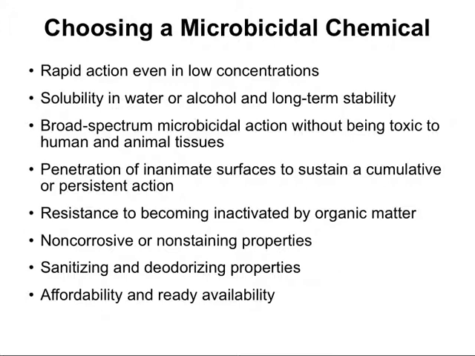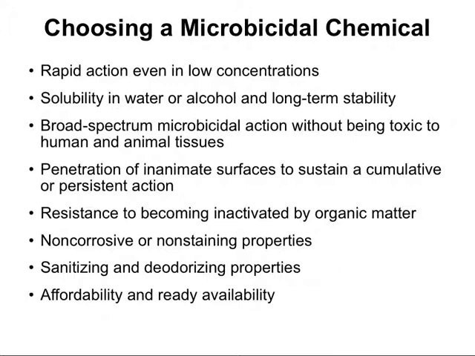So again, choosing to use and understanding the appropriate antimicrobial chemical to use should be of constant concern, especially in medicine and dentistry. Here we have a list of some of the desirable qualities. As yet, no chemical actually fulfills all of these, although glutaraldehyde and hydrogen peroxide come the closest.